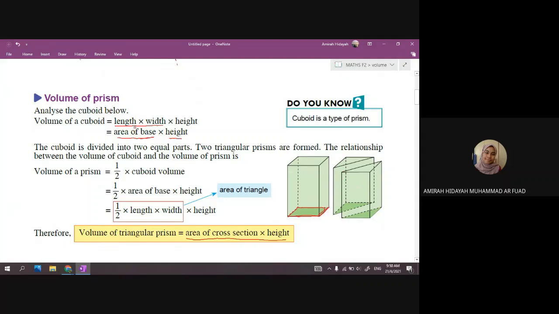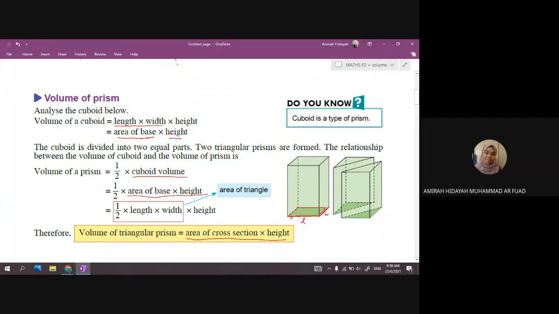So tadi kita dah dapat kat atas ni, volume untuk cuboid adalah area of base times height kan. And then length times width ni pula adalah sebenarnya area of triangle. Tadi saya cakap ni length kan, length of the cuboid, then ni width dia.